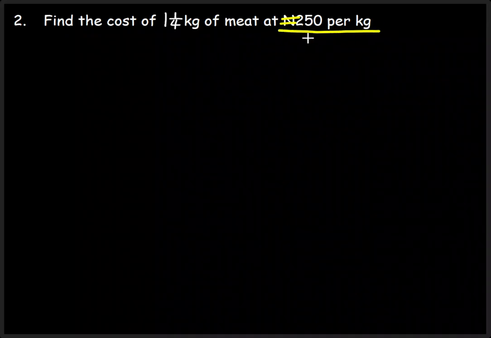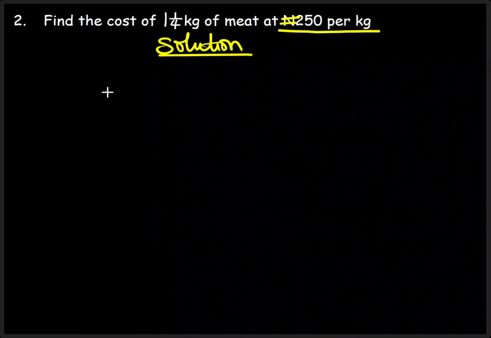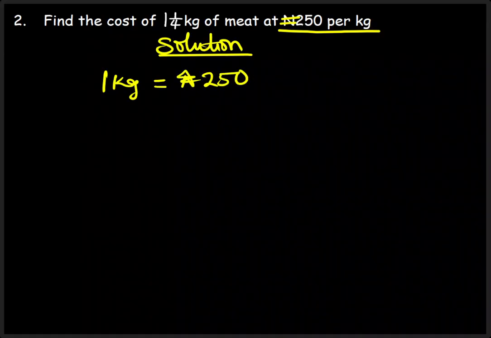Per kg means for 1 kg. So that is where our relationship will come from, which is 1 kg is equal to 250 naira.